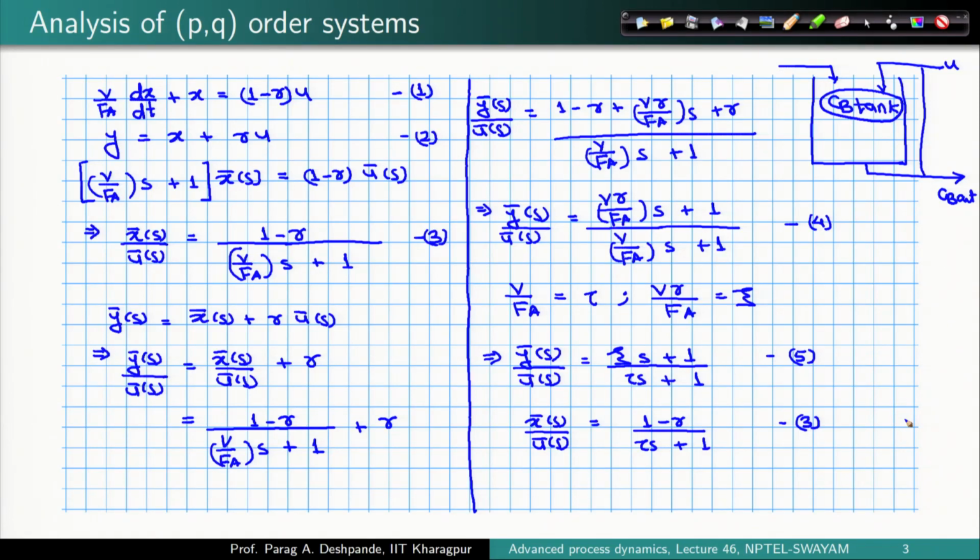But what I see from the dynamical response of the outlet concentration as a function of various input quantities, is the transfer function zeta s plus 1 divided by tau s plus 1, one polynomial of degree 1 in the numerator and one polynomial of degree 1 in the denominator. It is not a simple first order transfer function, and therefore, we declare such a system as a 1-1 order system.